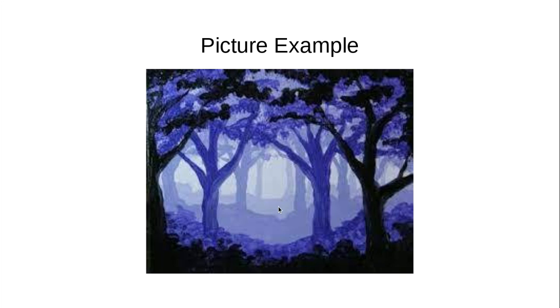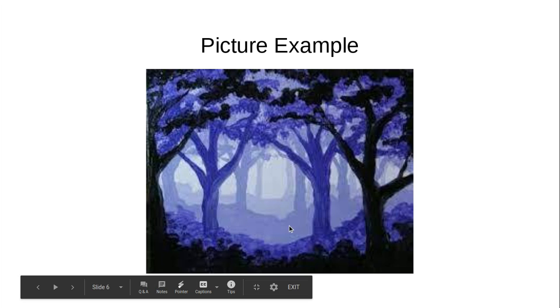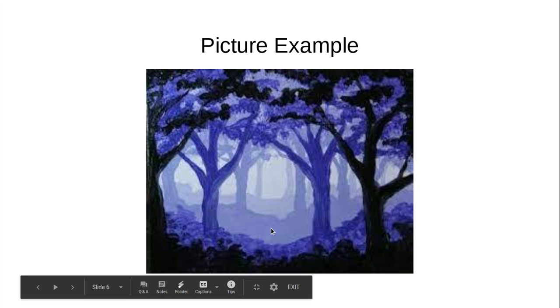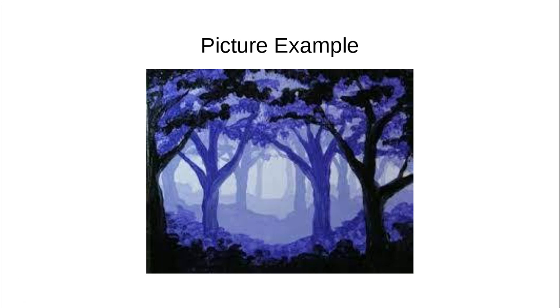So we have this really light blue right here in this area, kind of in the middle of the paper, that makes it look like it's really far into the woods. Now this medium blue, or this blue that has been tinted with white just a little bit, is a little closer to the bottom of the paper to make it look like it's closer to you as you're looking at it.